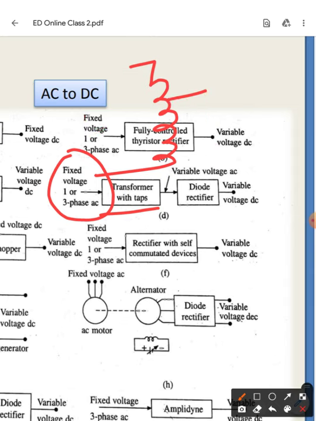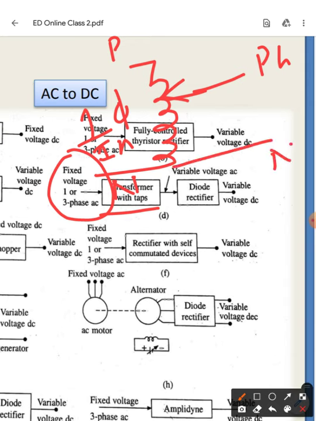Let's draw the figure again. Okay, so it is a tapping point. This is my phase terminal, this is phase, this is neutral, this is the single phase input voltage, this is your input side, and this neutral is common to input as well as output. So the load should be connected here, right? So this is my load.